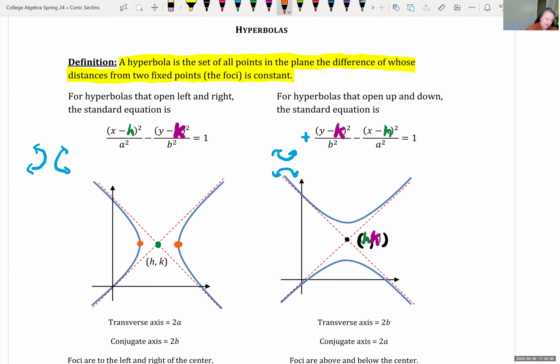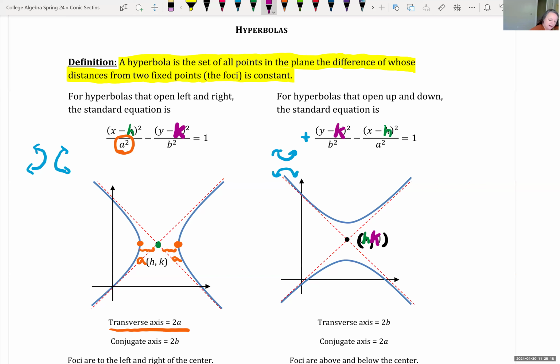So for the transverse axis, look at the square root of what is positive. So square root of a squared, which is a, and then multiply it by 2. So we're going to go to the left and right a to get these vertices if our hyperbola shape is going towards the x-axis.